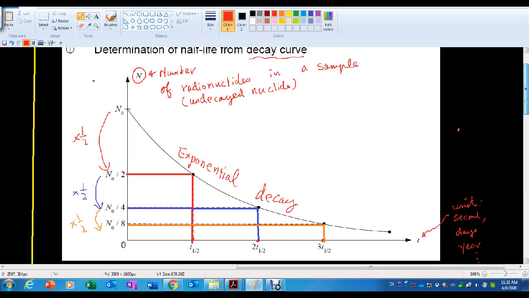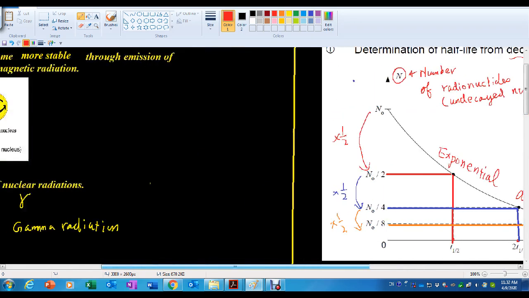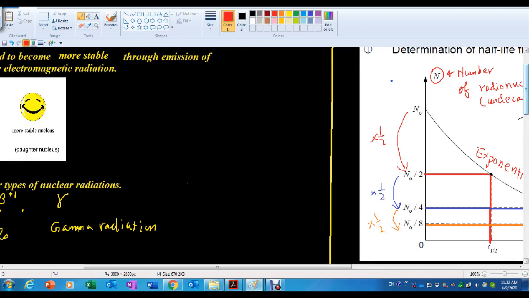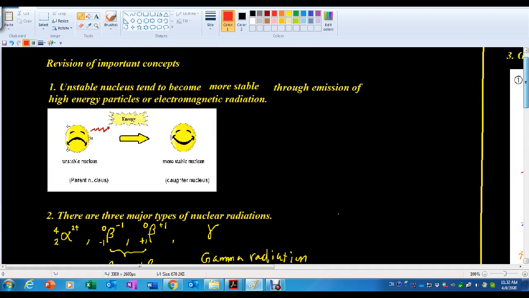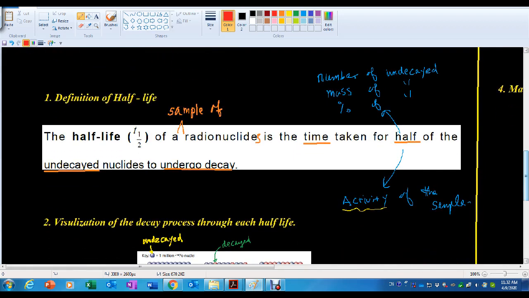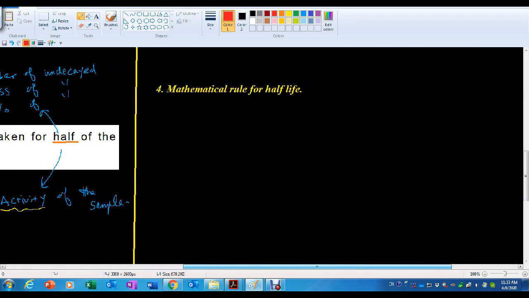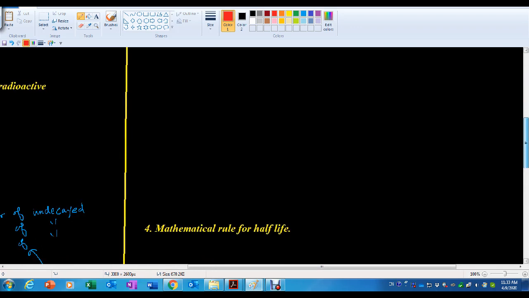But still remember that for half-life, we can see not only the number of undecayed nuclides, but also the mass of undecayed nuclides, or its percentage, or the activity of the sample. That's why I give you another graph in my notes.